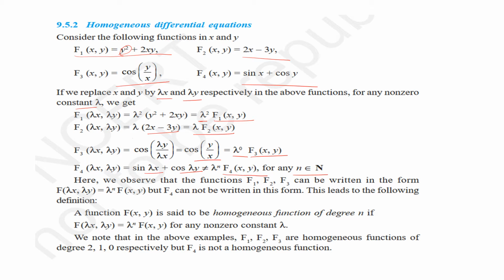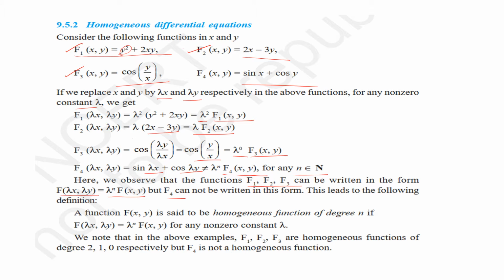So we observe that the functions f1, f2 and f3 can be written in the form f of lambda x, lambda y is equal to lambda raised to power n times f of xy, but this f4 cannot be written in this form, right?